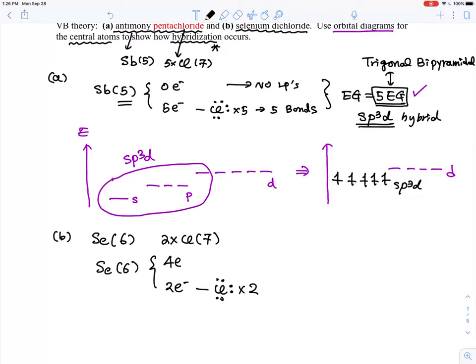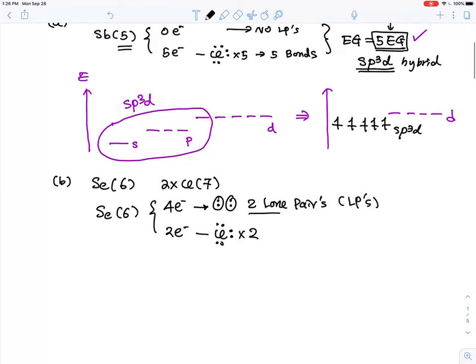You have 4 electrons left over, and those 4 electrons will be paired up to make 2 lone pairs. This is what I mean by LPs. And then 2 lone pairs, good, and 2 bonds.